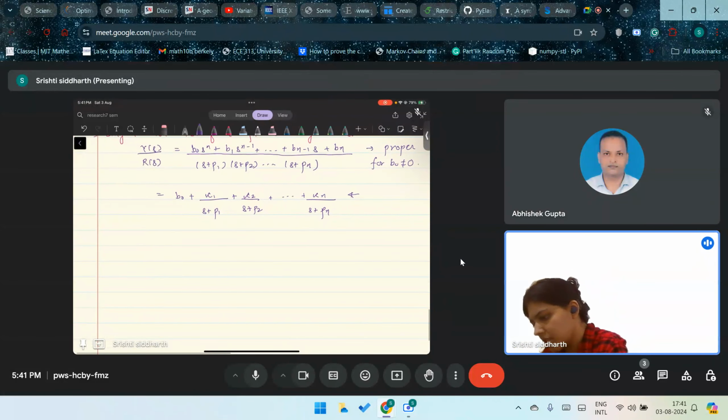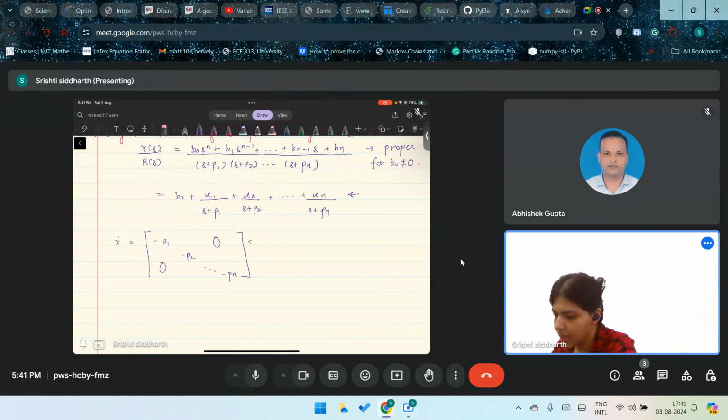Now if you know what C1, C2 and Cn are, you can form this matrix. So we would have minus p1, minus p2, minus pn along the main diagonal, zeros everywhere else. This is x plus 1, 1 up to 1 times u.